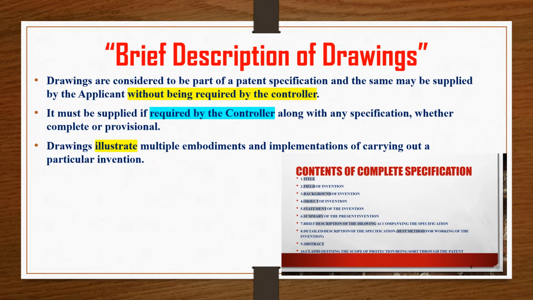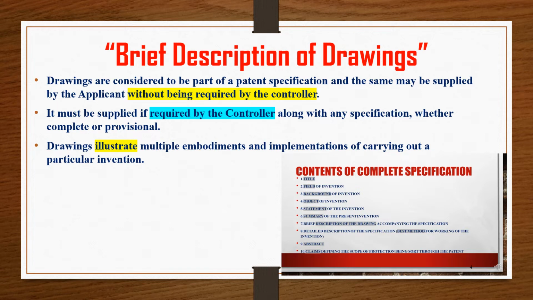So we can say here the key phrase is without being required by the controller. That means this particular content may be supplied by the applicant optionally. And the second point is it must be supplied if required by the controller along with any specification, whether complete or provisional.